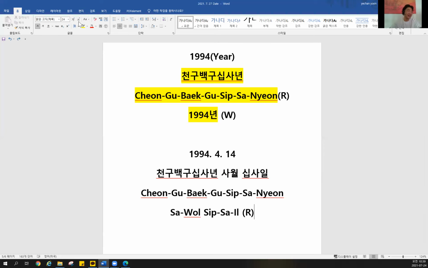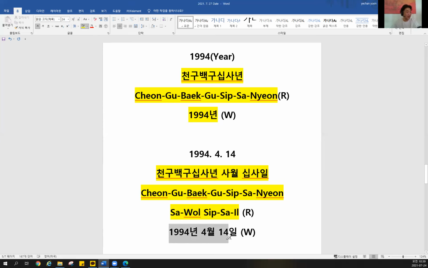Super difficult. Don't worry, guys. This is not difficult, just a long sentence. That's why. But if you want to write it down, that is super duper easy. I told you how you can write it down just using some numbers. 1994년 4월 14일. That's all. Pronunciation is this long, but writing it down is super duper easy. Okay, so please don't forget this one. 1994년 4월 14일. Okay.